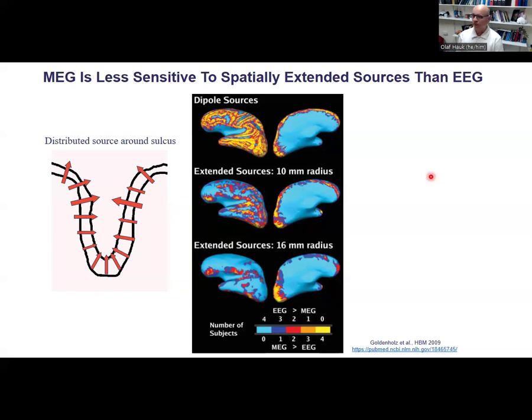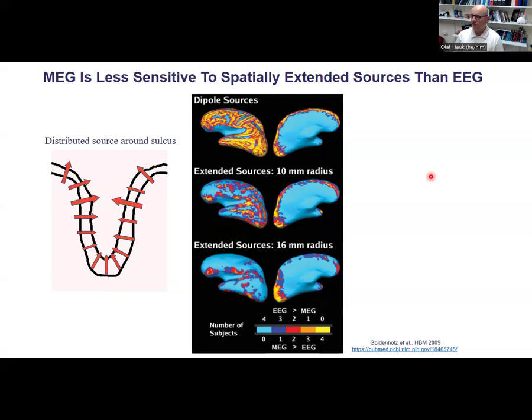Other examples that I've read about are the supplementary motor area, because this is close to the hemispheric cleft, and it's usually bilaterally active. So you have sources in both hemispheres that cancel each other out, and the radial parts are not visible with MEG. Apparently some authors have reported problems localizing the SMA with MEG.